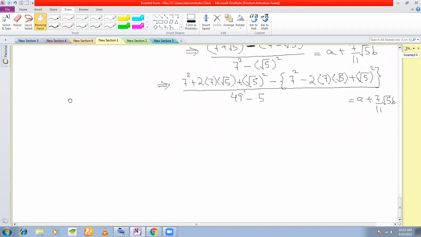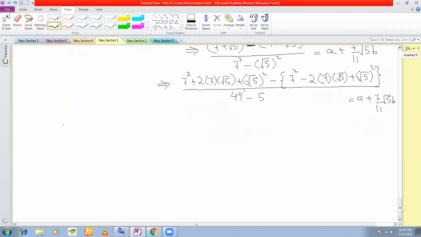And now therefore in the next step, you will have 49 plus 7 into 2 is 14. So 14 root 5 plus 5.